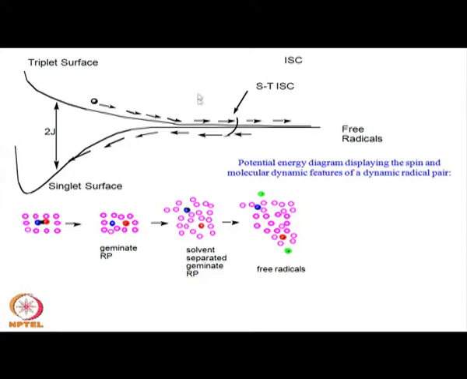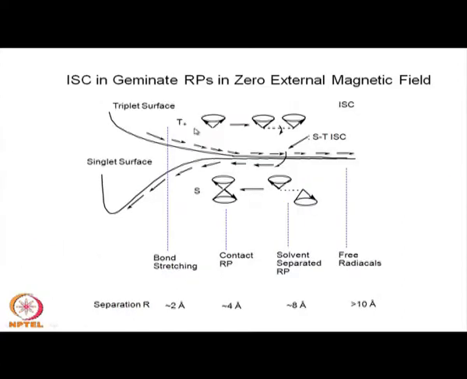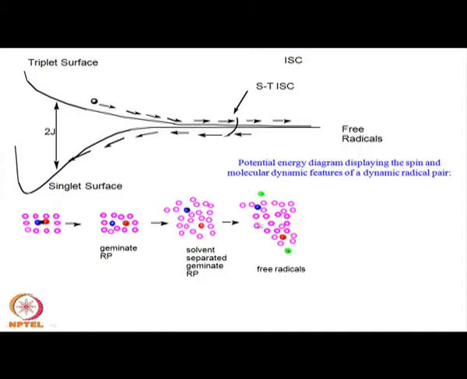The geminate radical pair may be somewhere over here, and then ultimately around this separation, where there is no energy separation, these two levels are the same, you can get free radicals. You see that this blue one and this red one are widely separated.